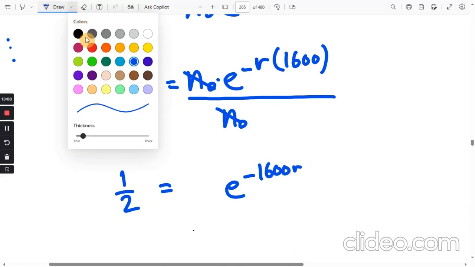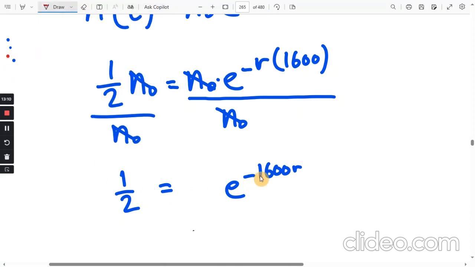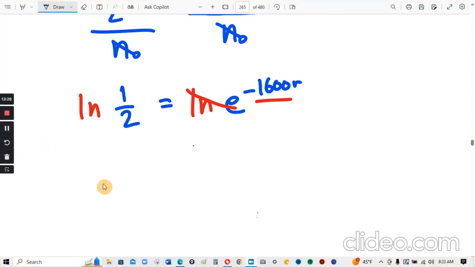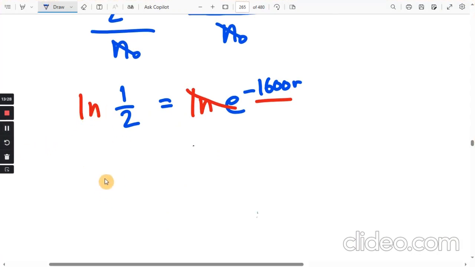All right, and since our exponent is on the e, log base e, that's the same as the natural log. Natural log of e cancels, and you're just left with the exponent. So ln of 1/2 equals negative 1,600r.